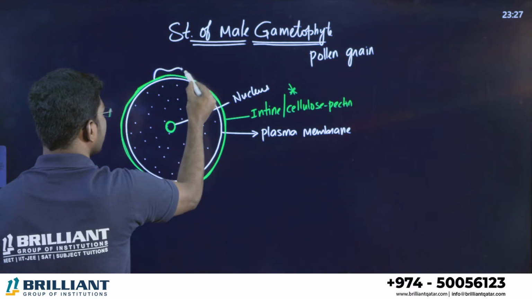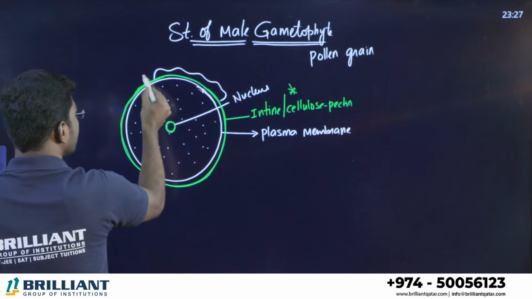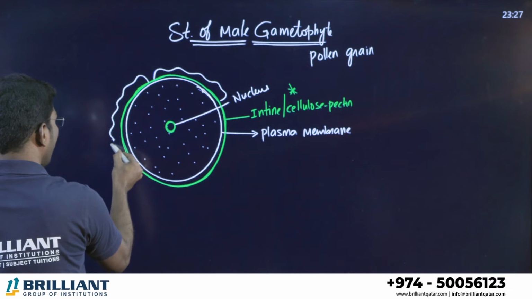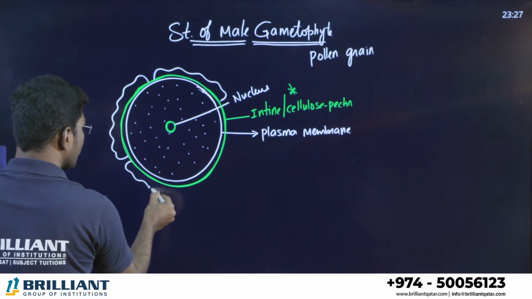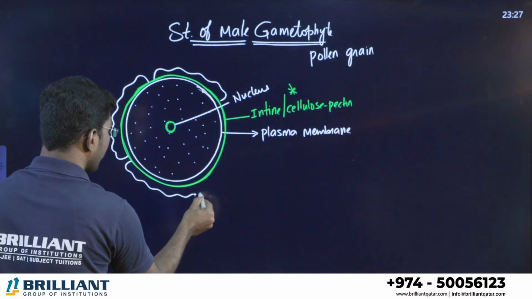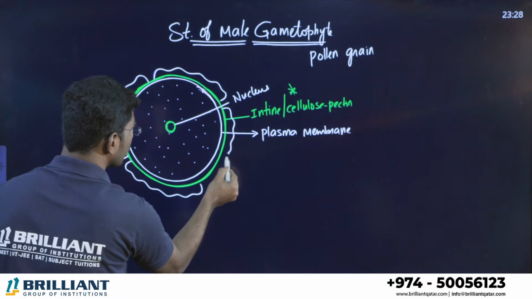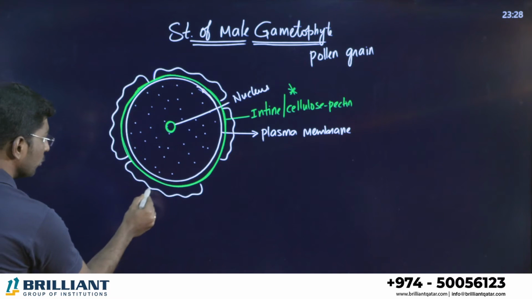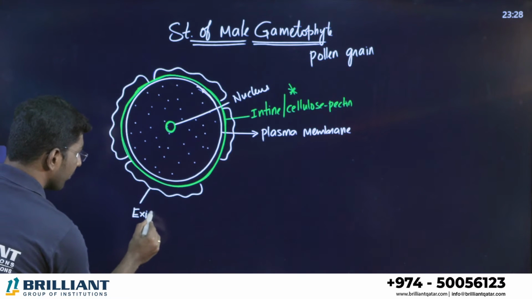Exine is like this. Okay students, this is called the exine. Exine is made up of a hard, resistant substance that is called what? Sporopollenin. Keep in your mind, this outermost layer of the pollen grain is called exine.